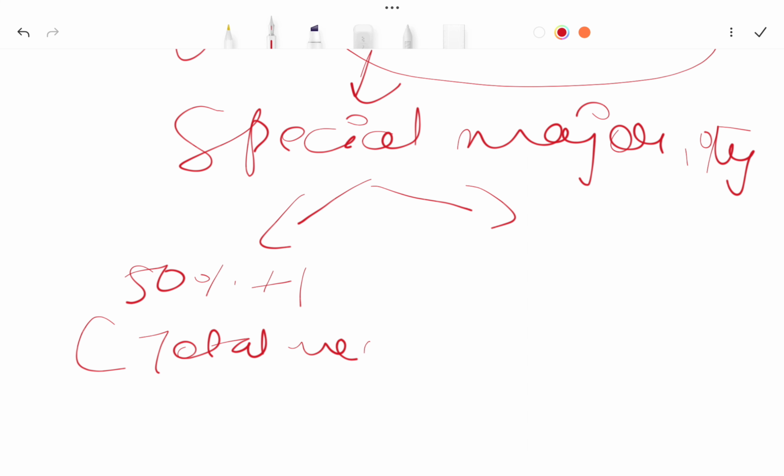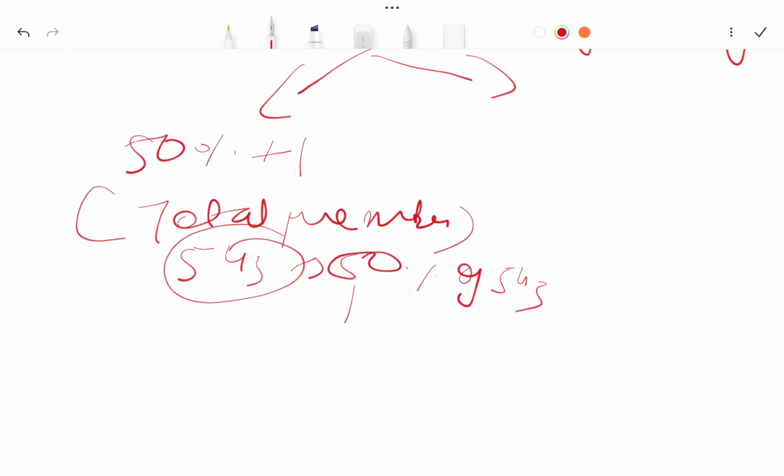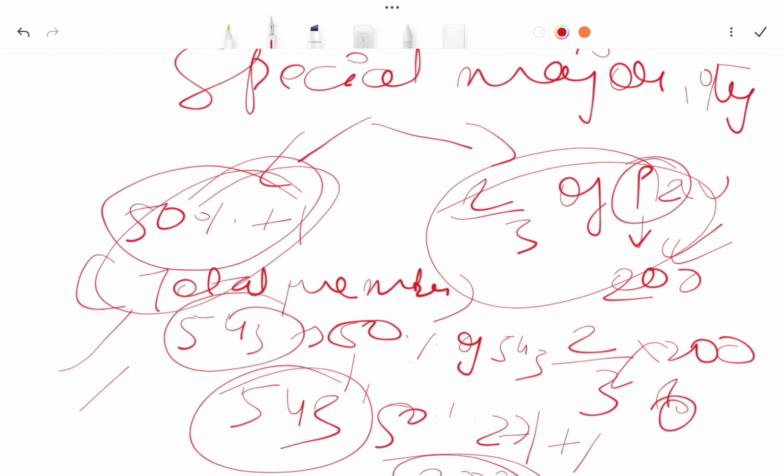So if total members in Lok Sabha is, say, 543, then 50% of 543 plus one.